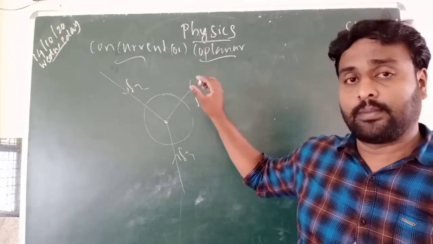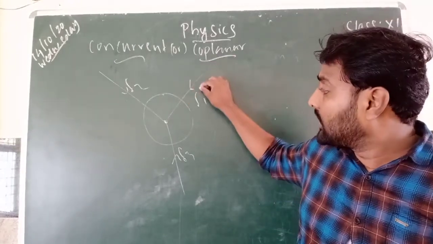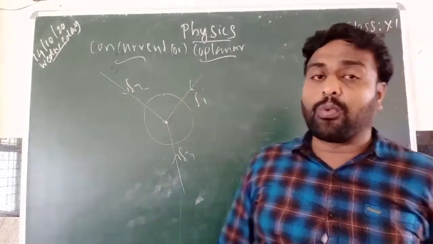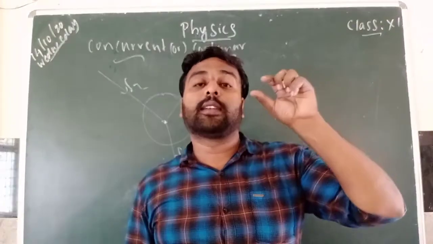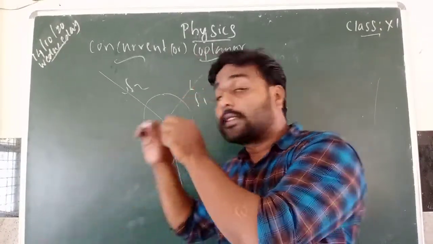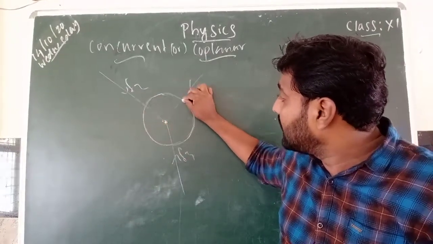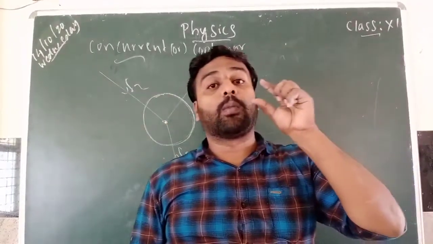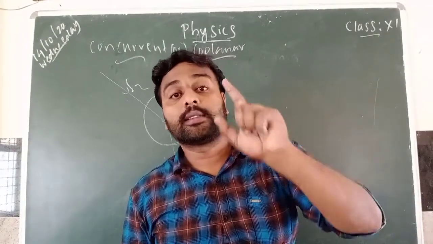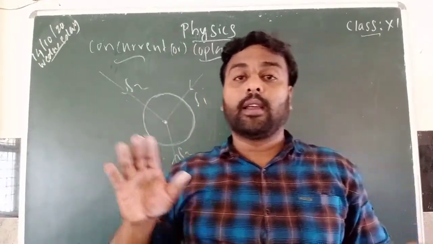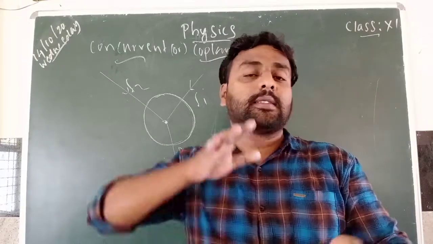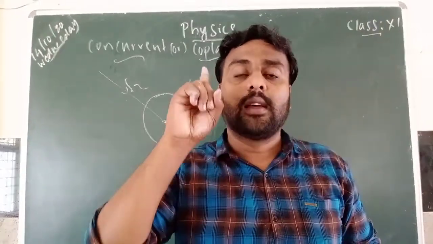So 3 forces which are acting at a common point, we can tell it is in the same plane. In one same plane, 3 forces acting at the same point.